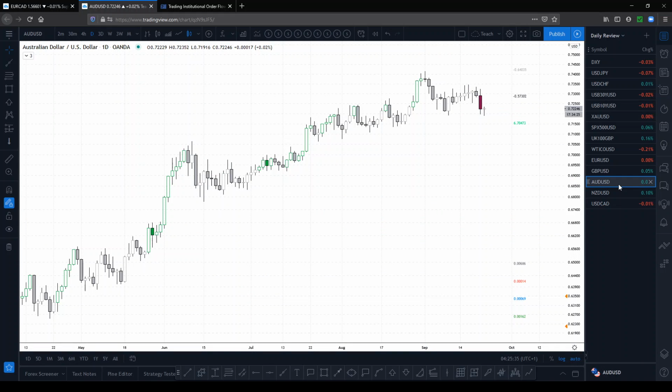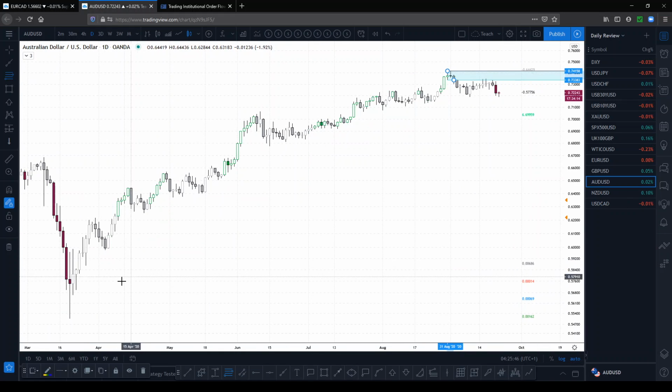The Aussie US dollar, nothing much happening with this one. Again, we've seen that sellers are trying to come in, and rightly so. When we've had such a significant move, there will be profit taking. There has to be.